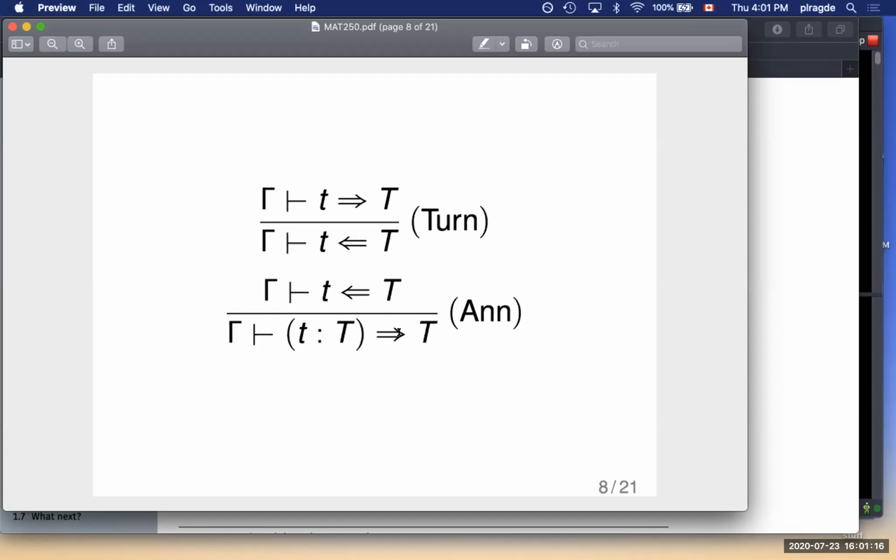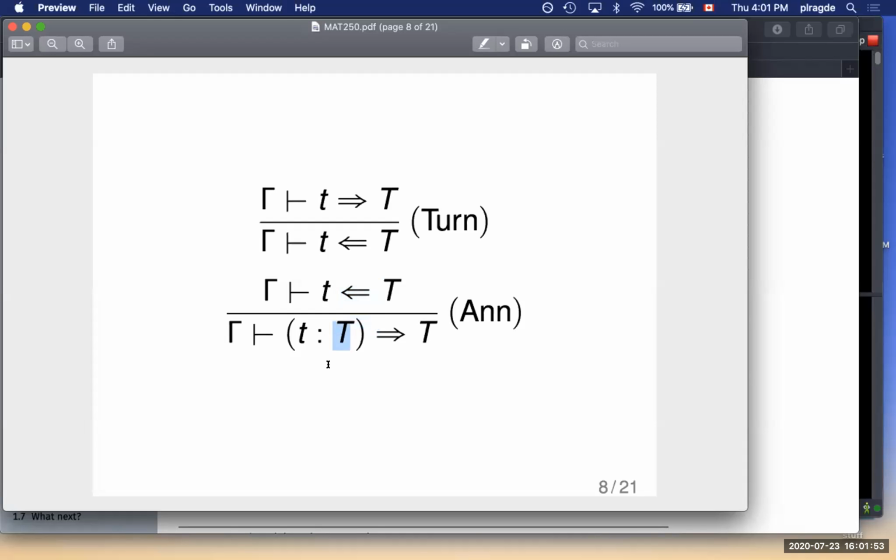What about going from synthesis to checking? Well, synthesis is harder than checking because in checking, you're given the type capital T, and in synthesis, you're not. You have to figure it out. So if there isn't a rule for synthesis, are you always going to be able to check? No, sometimes you can't. Sometimes you don't have enough information. So we have to put some additional information in order to go in this direction. And the additional information is this annotation.